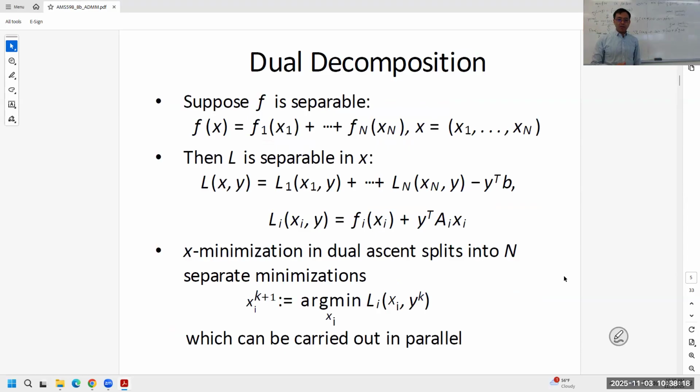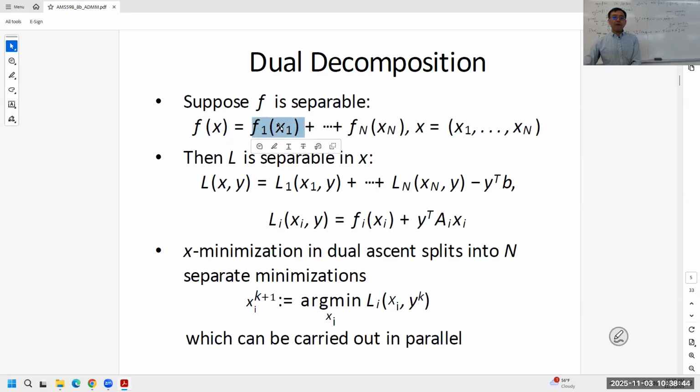Let's suppose your function f(x) is actually separable. Separable means your variable x can be written as x1, x2, up to xn, so you have n variables, and the function can be separated into different subfunctions.